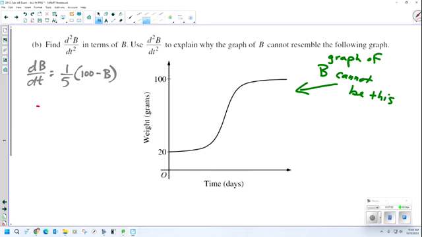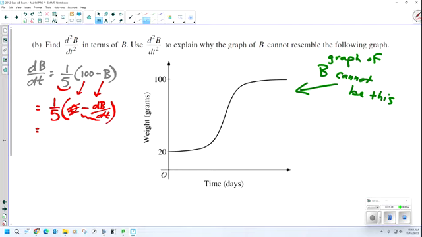And here we go. This is a constant, so I'm going to leave it alone. That's being multiplied. The derivative of 100 is 0, minus the derivative of b is just 1, but it's 1 db/dt. Okay, and anytime I subtract anything from 0, the 0 goes bye-bye, it's really just negative db/dt.